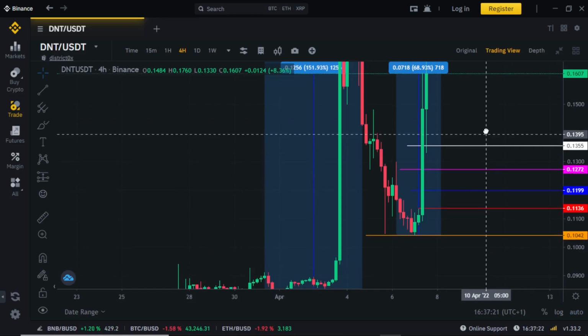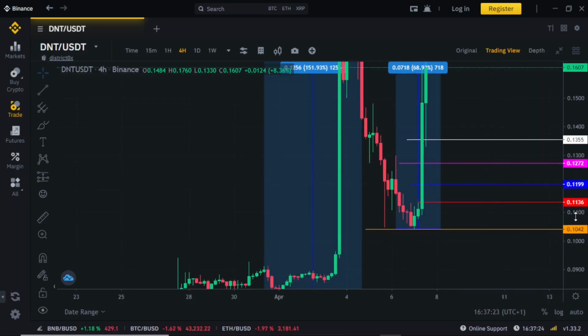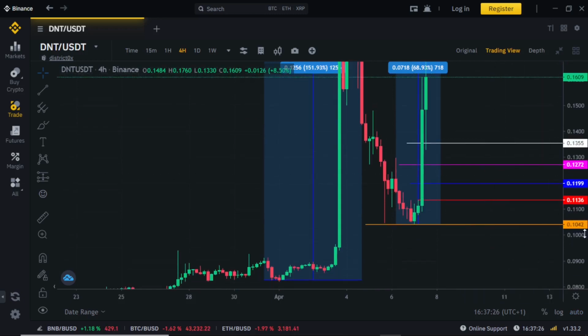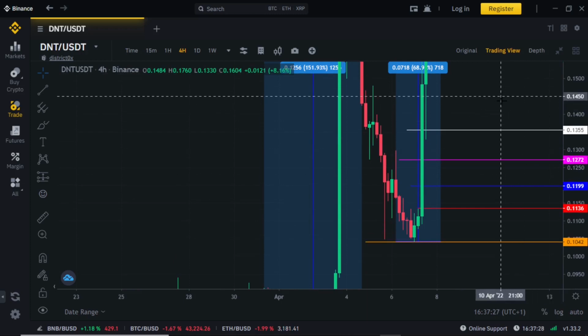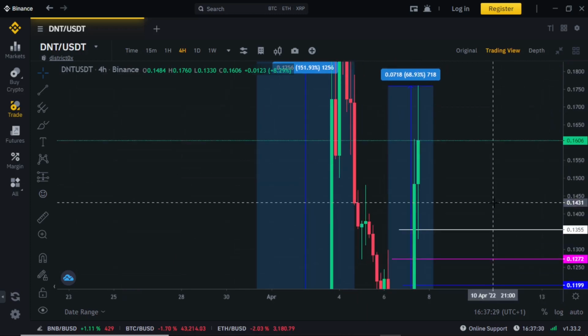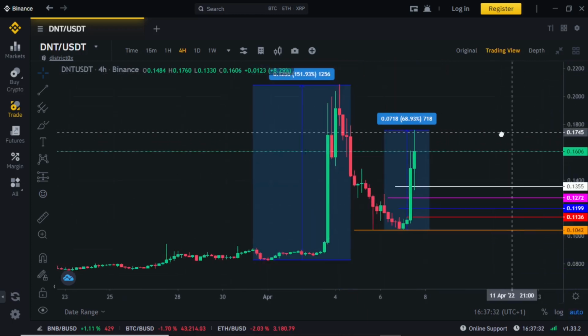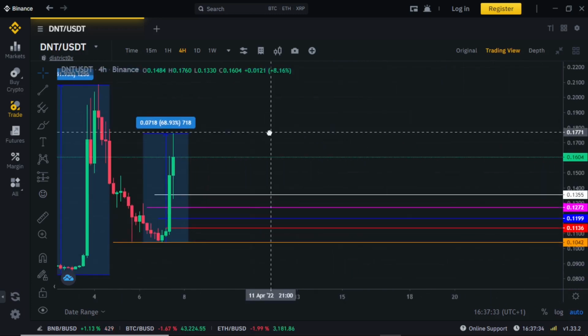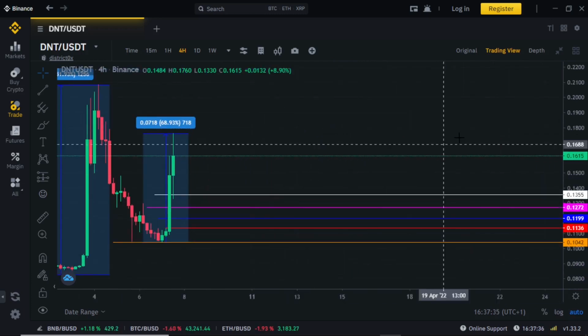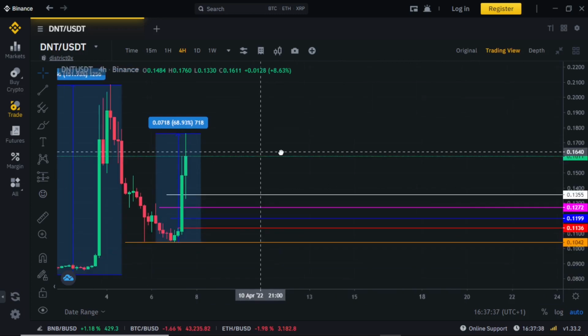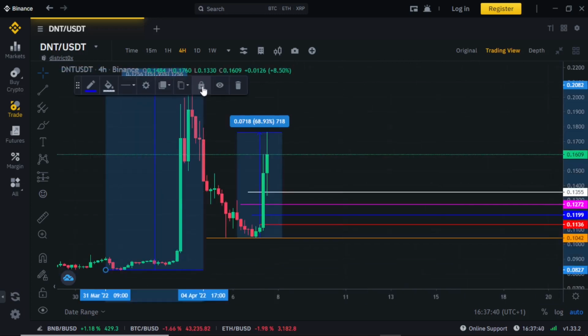But what if the price action only touched your entry price before it decided to dump back down to the stop loss price? That means you would have lost exactly 5.5% of your trading capital, which is approximately $55. So as you can see, your profit will be almost 10 times your expected loss.